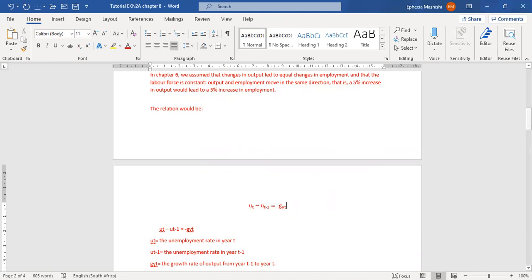And what this relation implies is that a change in unemployment will be equal to the negative of the growth rate of output. But there are two factors that are ignored in this equation. The first one is the labor force growth, and the second one is the labor productivity growth.